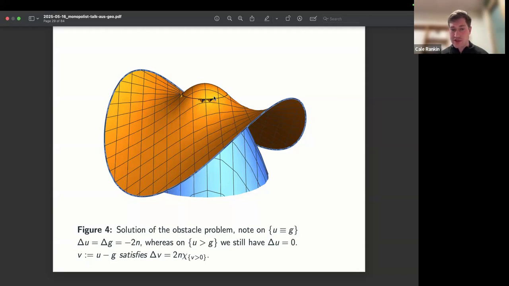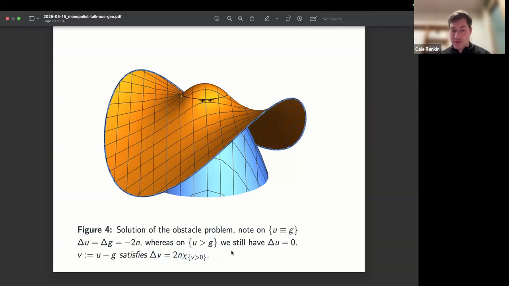But where it does touch the obstacle, it has Laplacian 2n. So our Laplacian, and thus at least one of our second derivatives, is discontinuous, and our function is not C2. And I want to stress that the Laplacian of our minimizer has a jump discontinuity, and here, for example, it's 2n times the characteristic function of the set where u is greater than 0.